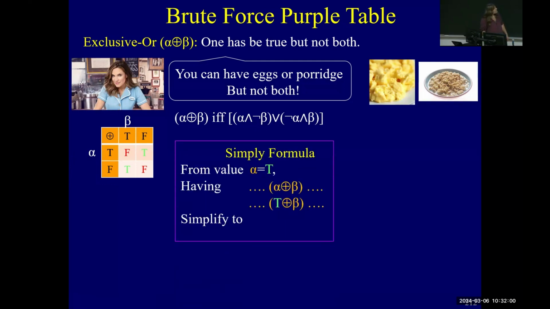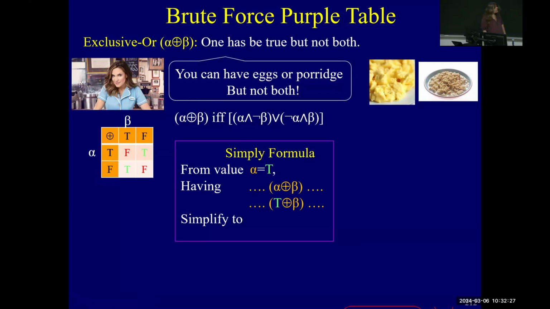All right. Then we had a simplifying rule, which says, suppose you know alpha is true, what can we simplify this to? Can we evaluate this, or do we know whether it's true or false?